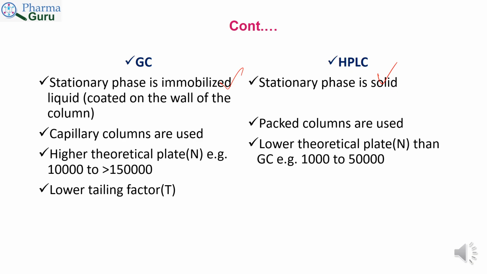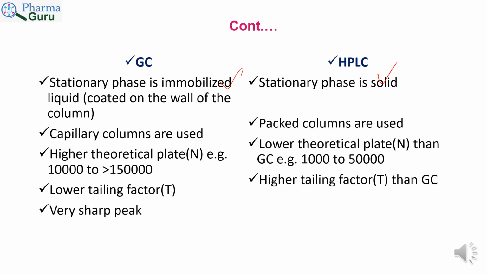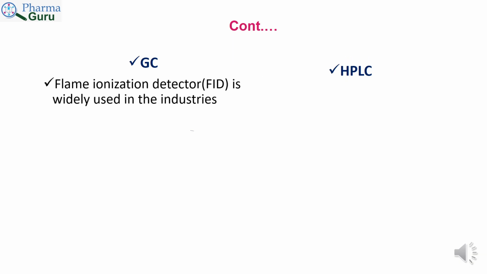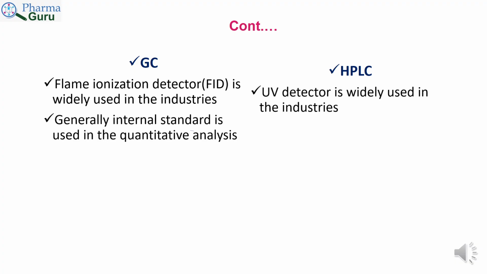In GC, we are getting lower tailing in peak compared to HPLC. In GC, one can get sharp peak compared to HPLC. In GC, generally, flame ionization detector is widely used in most of the analysis, whereas in HPLC, UV detector is widely used for most of the analysis.